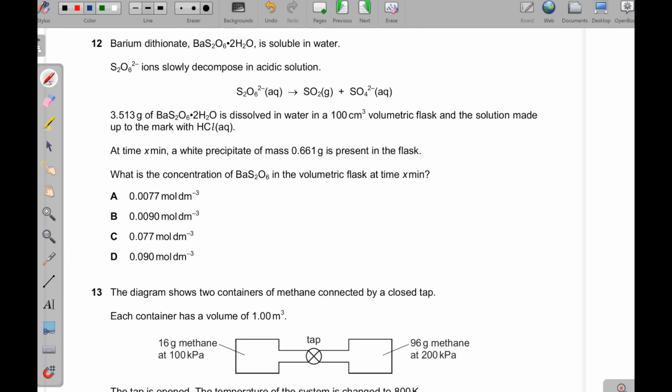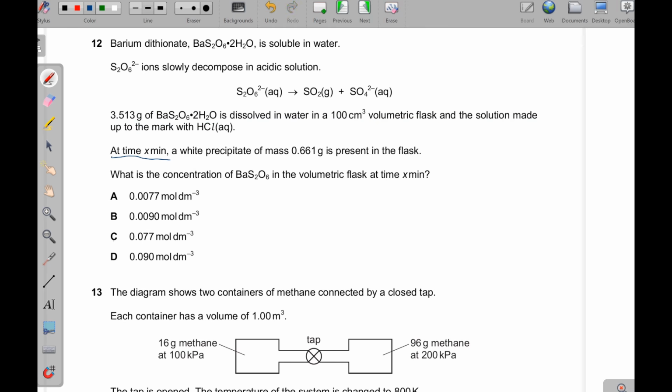A B. Question 12. Barium dithionate is soluble in water. Then the dithionate ions slowly decompose in acidic solution to give us sulfur dioxide and the sulfate ion. They are saying 3.513 grams of barium dithionate is dissolved in water in a 100 cubic centimeter volumetric flask, and the solution made up to the mark with HCl.